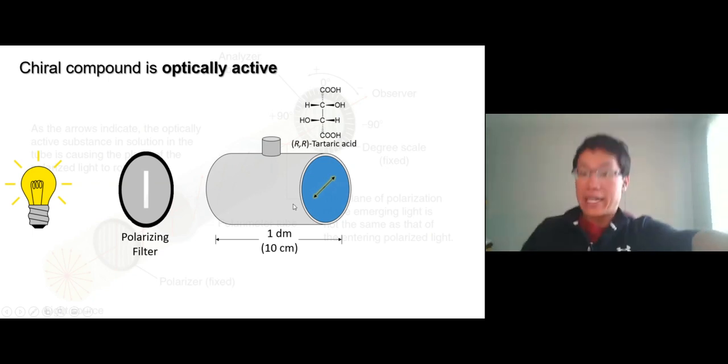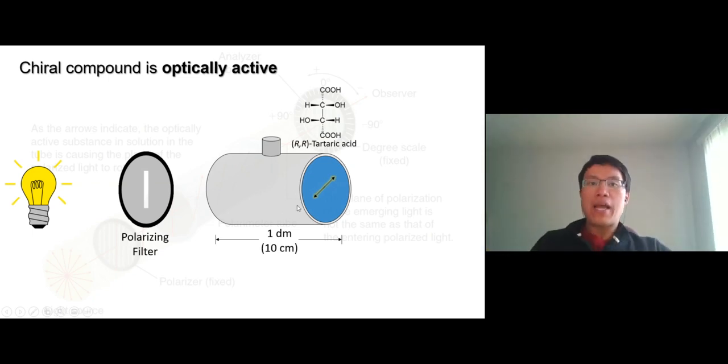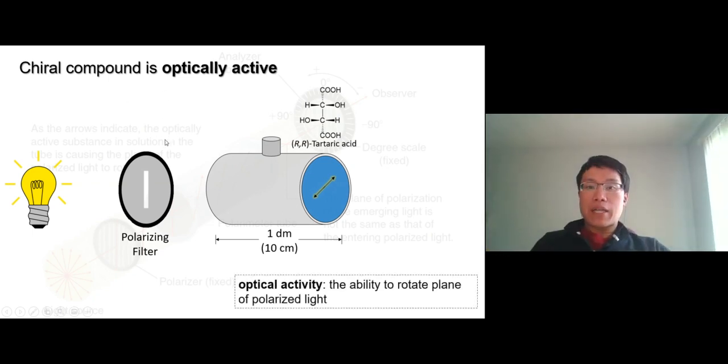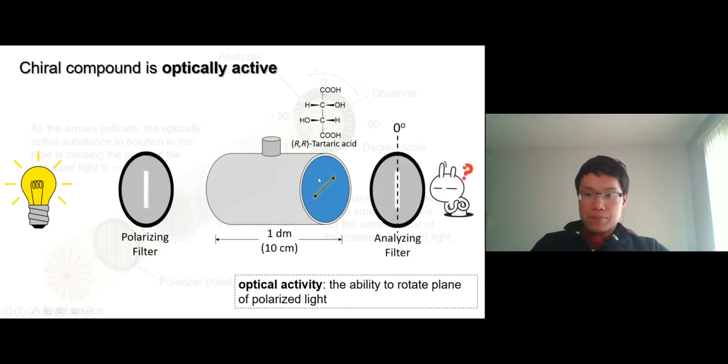I don't know which direction, but it gets turned somehow. So a chiral compound is optically active, having the ability to rotate plane polarized light, so it can rotate from pointing up to kind of diagonal. Now we can observe it. In this case, the direction of the slit is not the same plane as the plane polarized light, so you cannot see it.